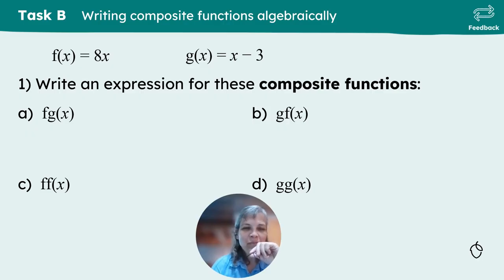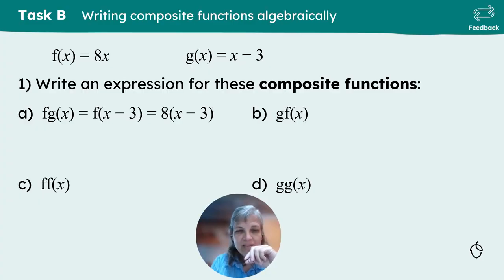Okay, welcome back. Hopefully you all did task B, and now you're on the stage of correcting it. And you may have already corrected it, or your teacher may have. But if you are still correcting your work as we go through, you can see that fg of x would be equal to 8 bracket x minus 3. Of course, if you did 8x minus 24, that's also fine.